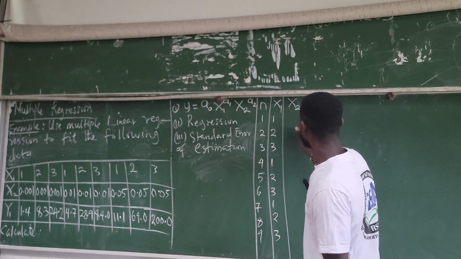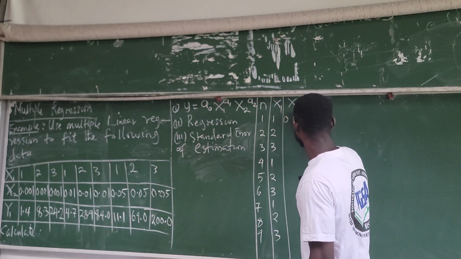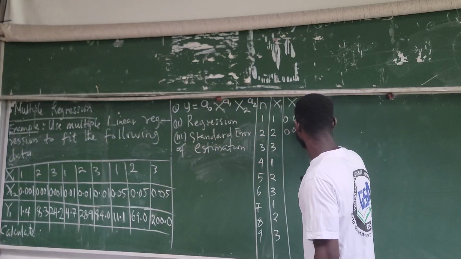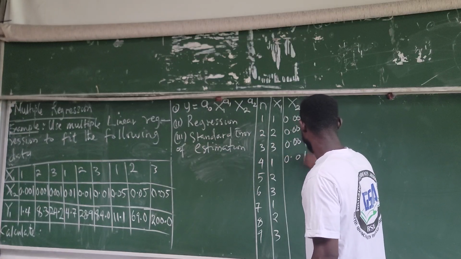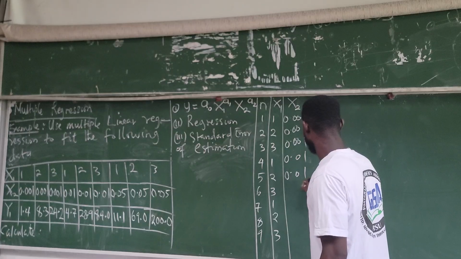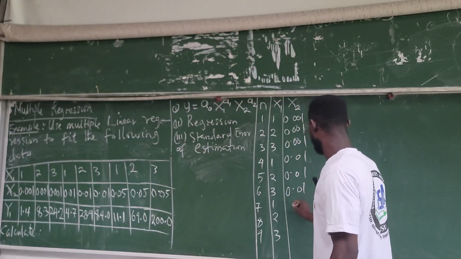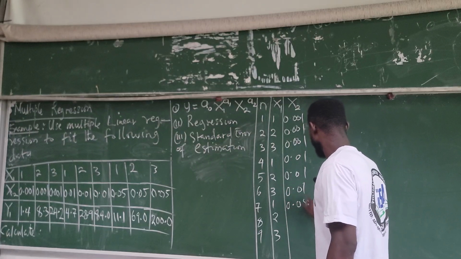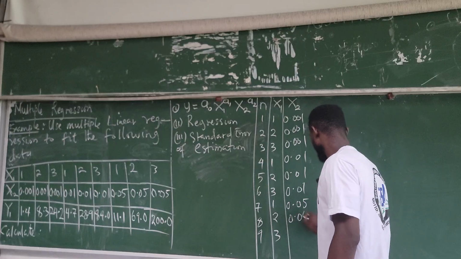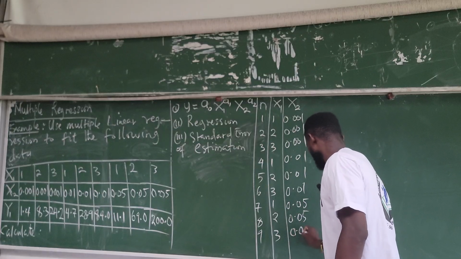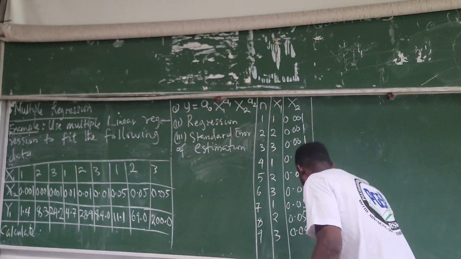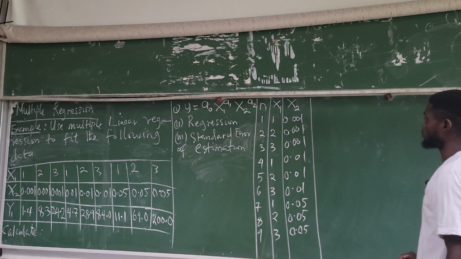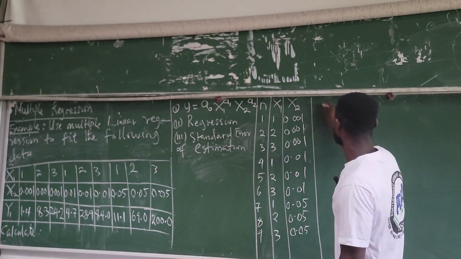We also have our x2, where we have 0.001, 0.001, 0.001, 0.01, 0.01, 0.01, 0.05, 0.05, and 0.05. That is our x2. Then we have our y1.